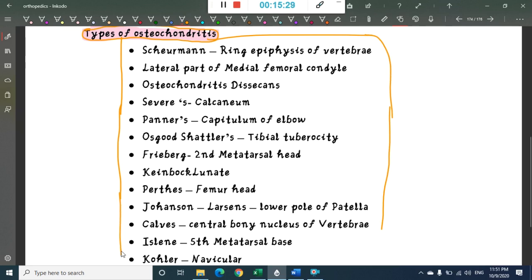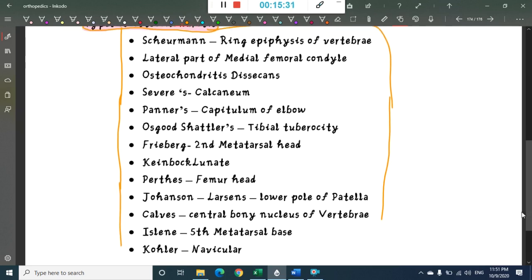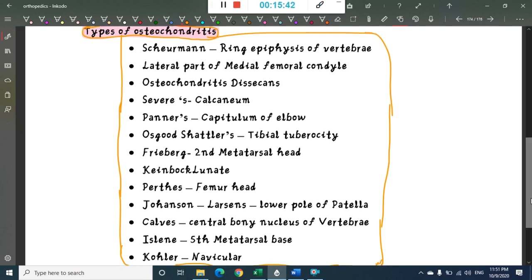The lateral part of the medial femoral condyle can also cause osteochondritis dissecans. Osteochondritis in the knee is most commonly called osteochondritis dissecans.